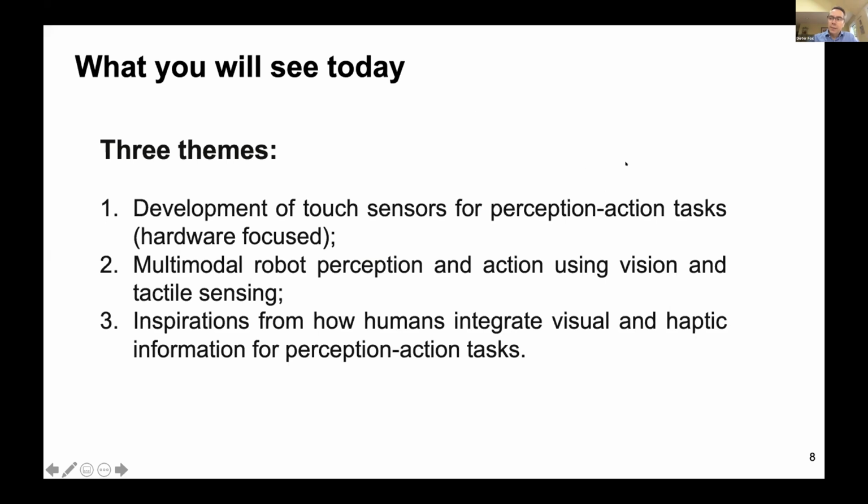Again, until you make contact, as far as I understand it at least, touch sensing doesn't really help you a lot. So the huge space of what you do before you even touch that object is still something you have to solve, like how you reason about where to approach an object.